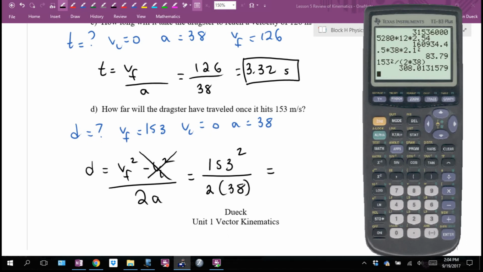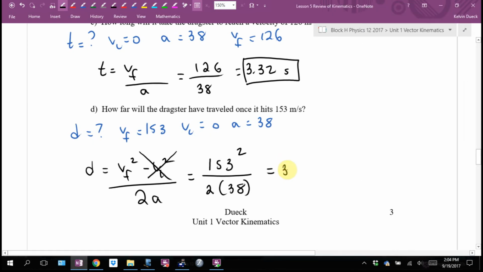And that seems like a good ballpark figure to me as well, just on the few drag races I've watched on TV. 153 meters per second, that's right around a dragster's top speed, just shy of 300 miles an hour. They can go faster, like out on the salt flats, there are cars that have gone faster. They have actually broken the speed of sound, but I'm talking about the standard dragsters you watch racing on TV. 308 meters.